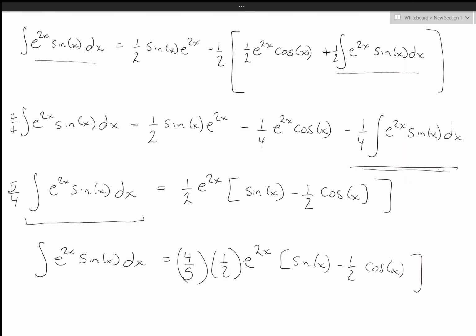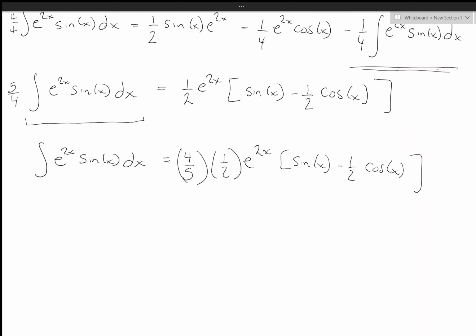I know I'm taking a lot of steps. I didn't really need to, but take this out, and this becomes a 2. I'm going to put that 2 inside, so there's a 2 here and a 2 here, so this 2 is gone. This becomes 2 sine x minus cos x.